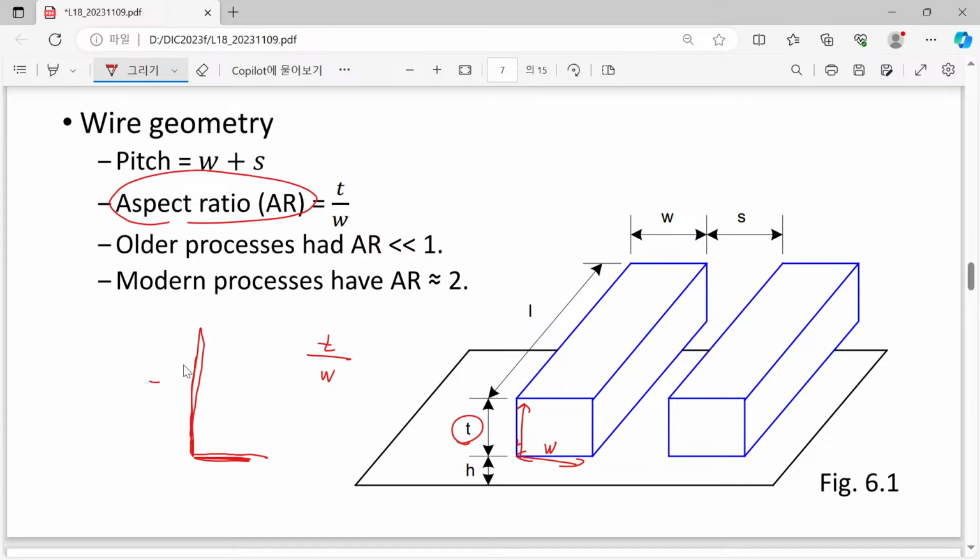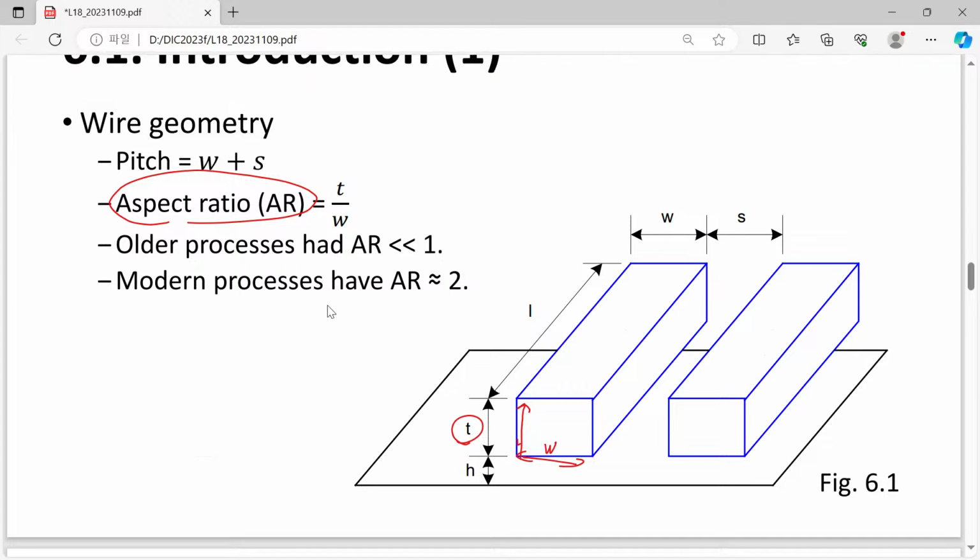Since you are all interested in semiconductor devices, maybe you have heard about this one. We can think about skyscrapers. Where can you find them? If you go to a metropolis area, you can find many of these. What is the aspect ratio? Here we have a relatively narrow area and it is quite tall, so this aspect ratio is quite high.